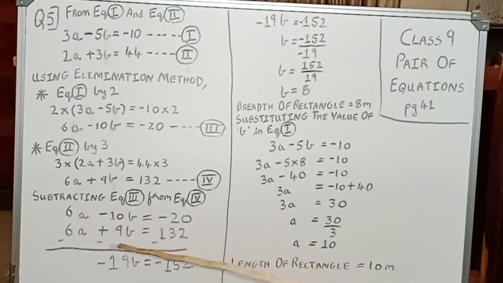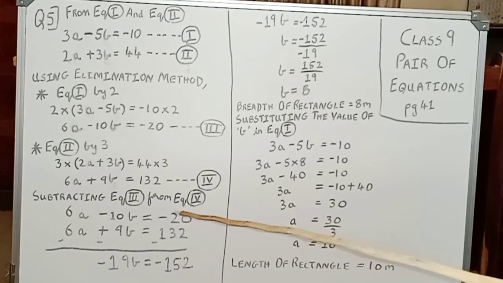Now this minus will get added, and you have to put the minus sign. Minus 10b minus 9b will give you minus 19b. And minus 20 minus 132, you have to add both of these. When you add both of these, you will get 152, and you have to put the minus sign.